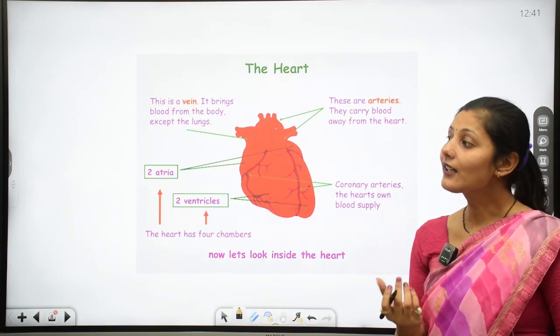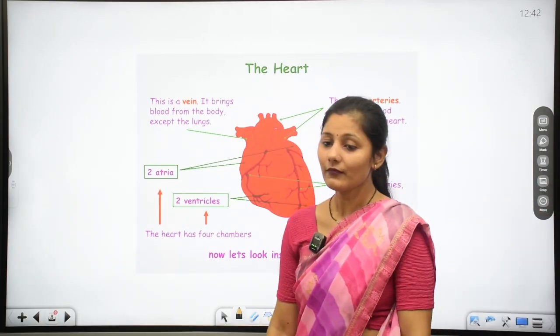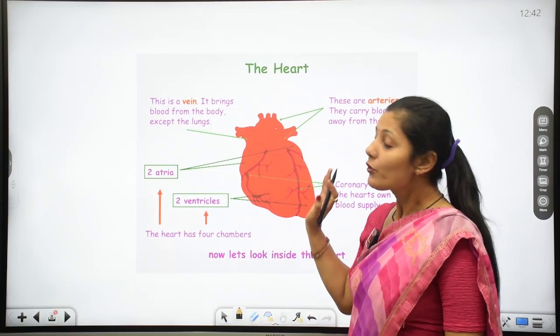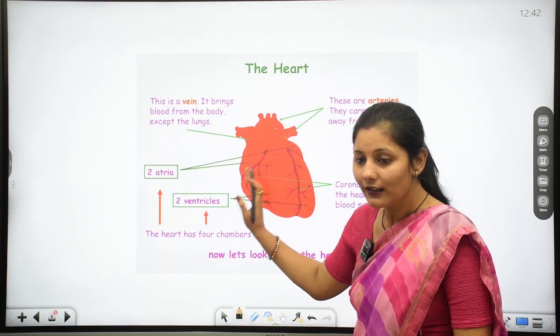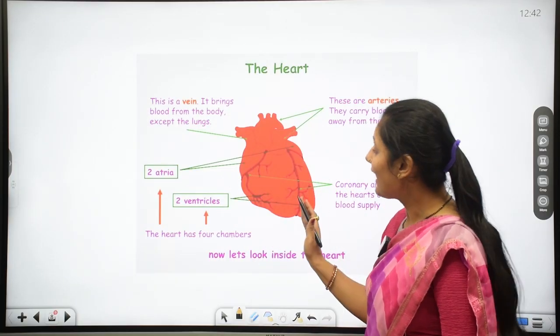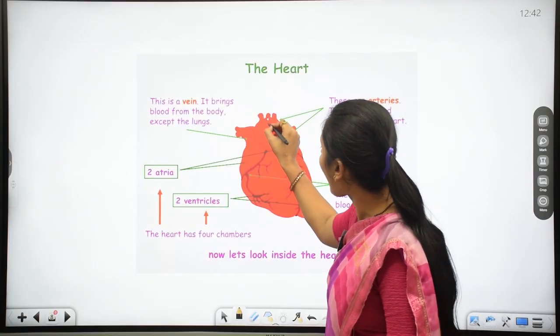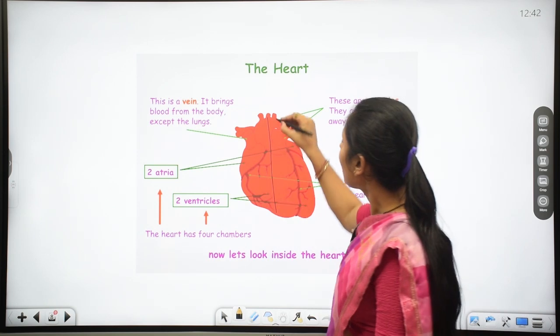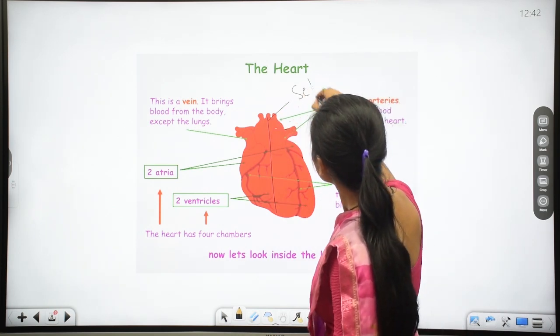Okay, so the heart has 4 chambers. Come to the structure of the heart. Your heart has 2 parts, the right part and the left part. They are divided by a muscular wall, which is known as the septum.